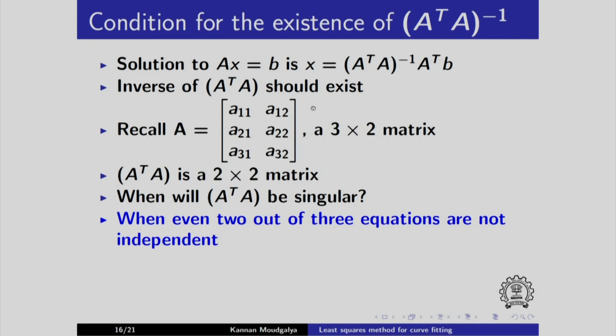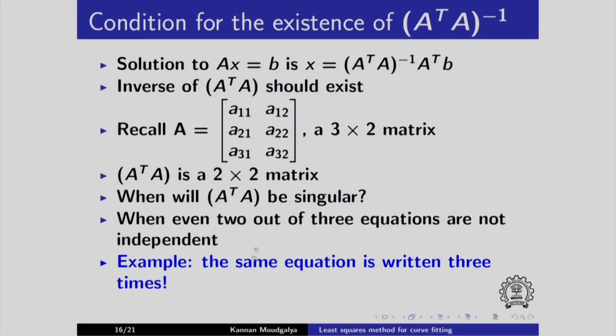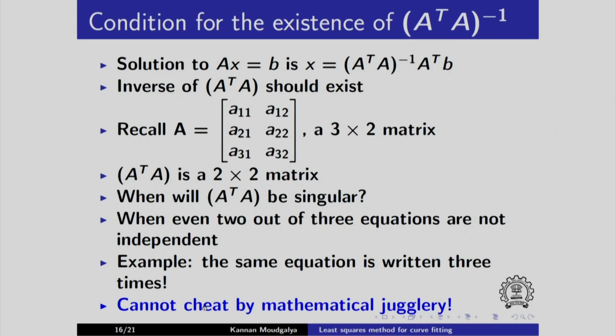So one will assume that possibly you have enough information, but it is possible that even though we have 3 equations, it still does not have sufficient information. When will this happen? For example, we write the same equation 3 times. Then obviously we do not have enough information, but we are trying to cheat. So this is what I mean by we cannot cheat by mathematical jugglery.